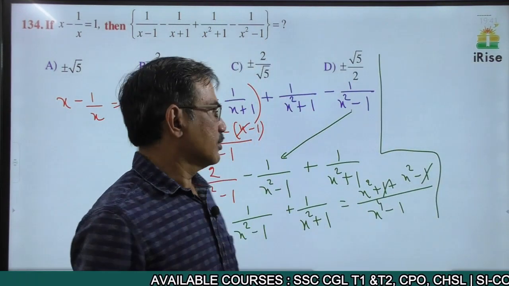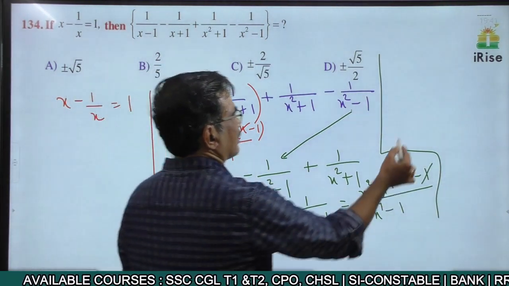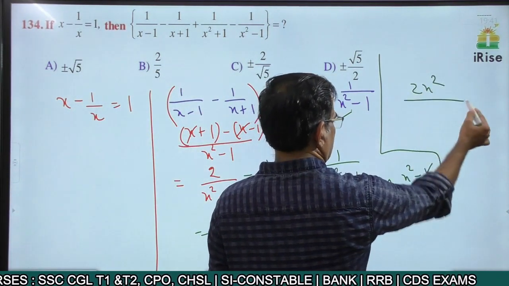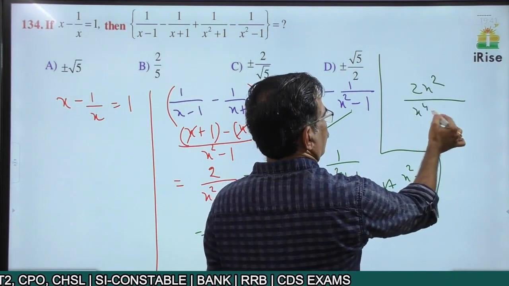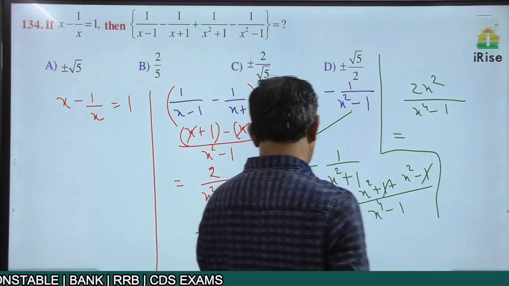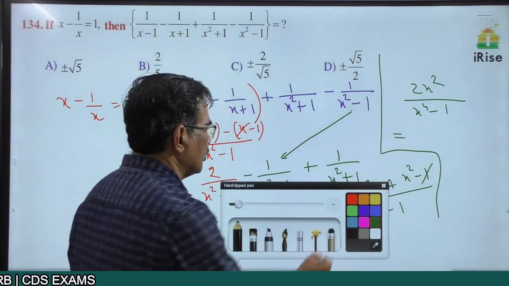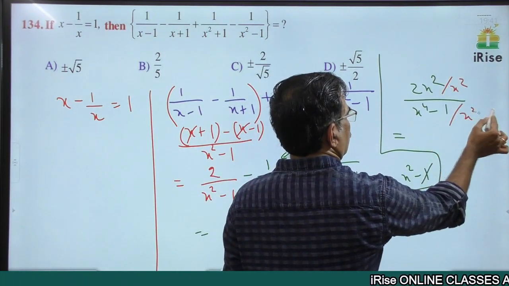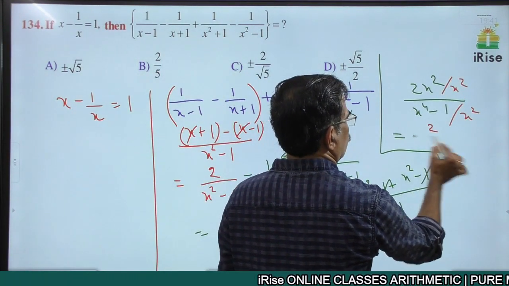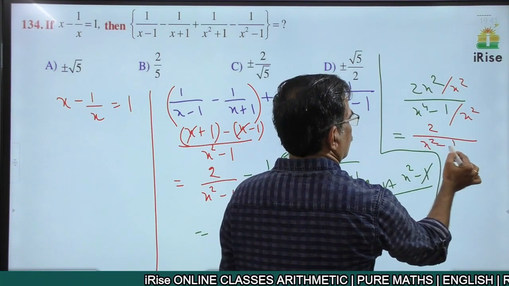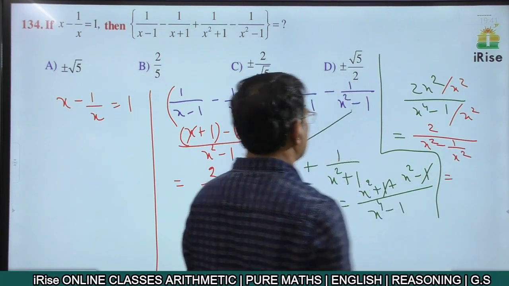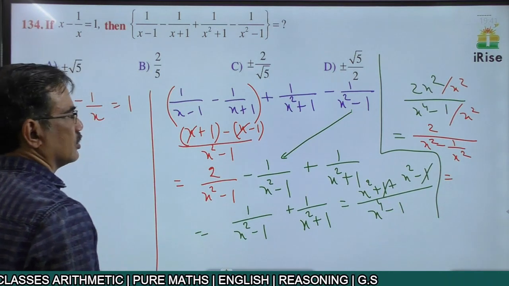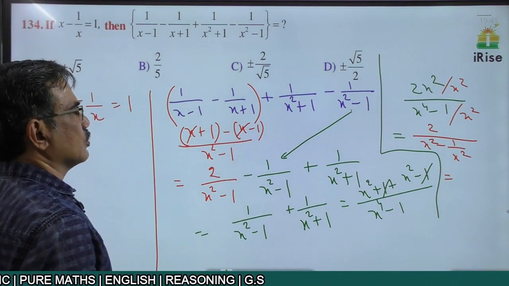Then what we get here is 2x square by x power 4 minus 1. Divide numerator and denominator by x square. This is nothing but 2 by x square minus 1 by x square.